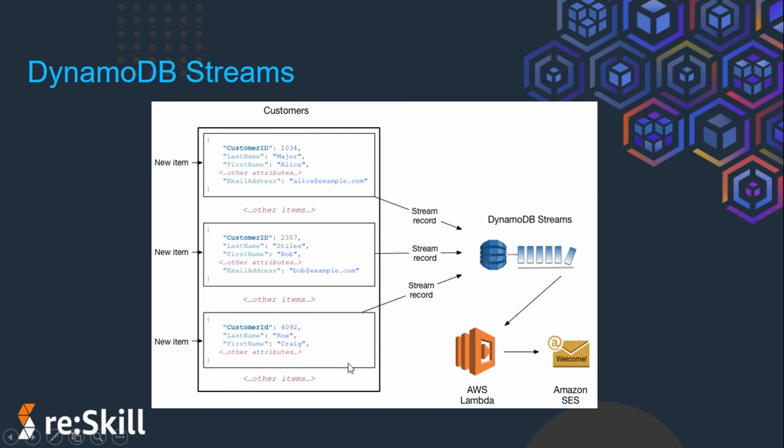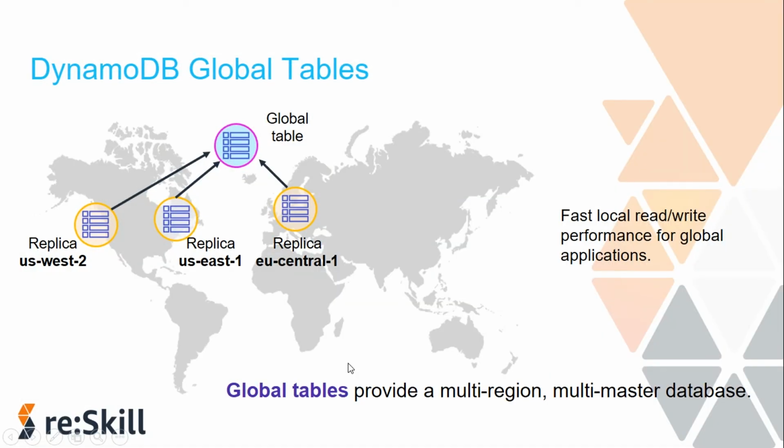Now let's move to the next feature of DynamoDB, that is global tables. By default, DynamoDB replicates your data across multiple AZs in a single region, but there might be situations when you want to replicate your data across multiple regions. So Amazon DynamoDB Global Tables provide a fully managed solution for developing a multi-region, multi-master database.